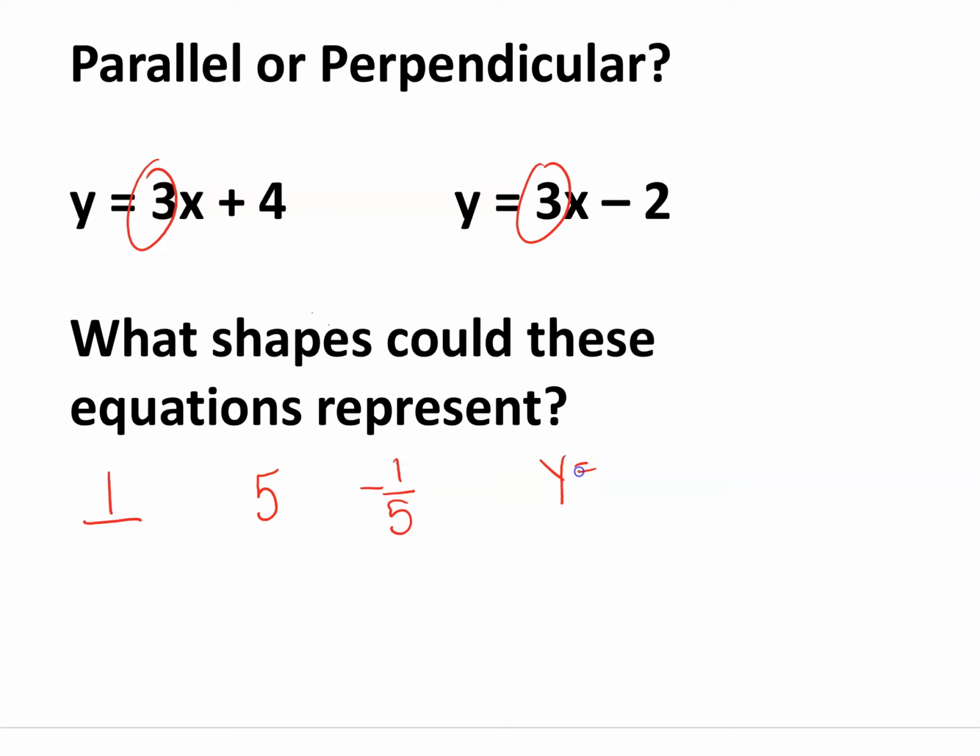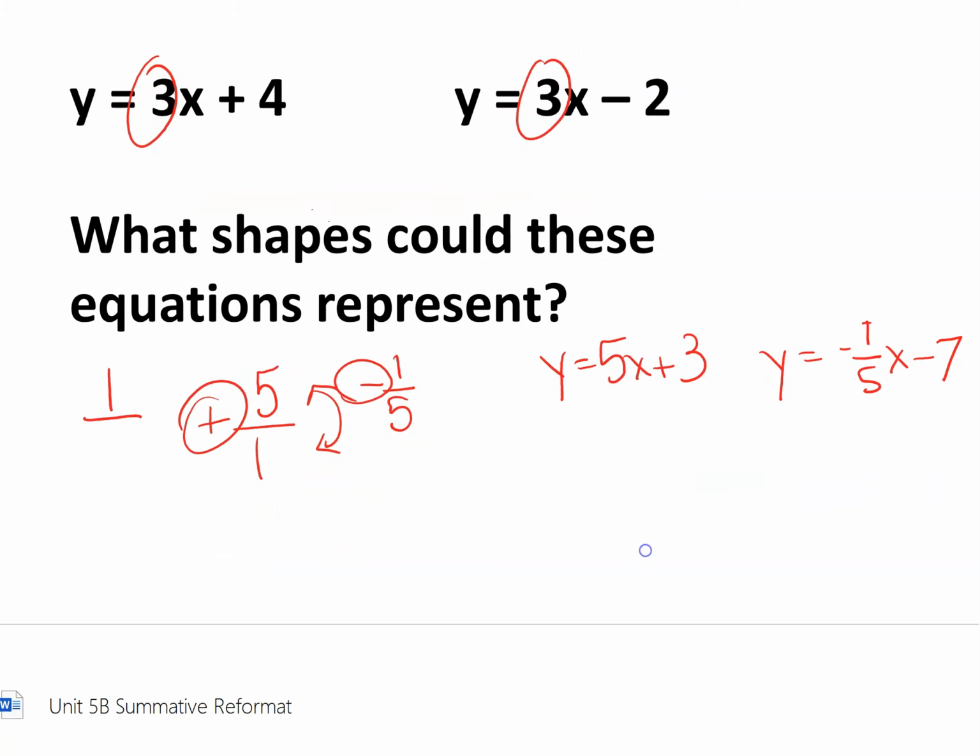So you could pick this equation. You could pick this equation. Opposite reciprocal. You're going to flip it. So turn this into a fraction, flip it upside down and flip the sign, positive to negative.